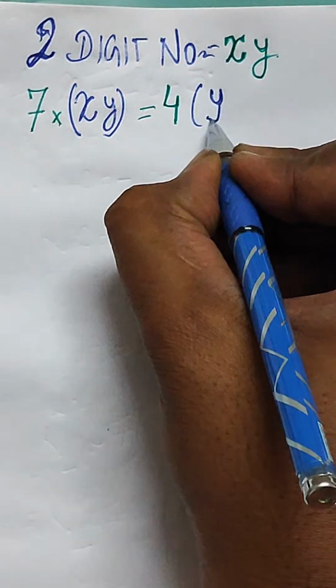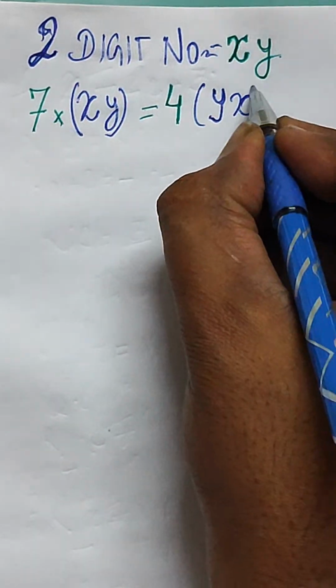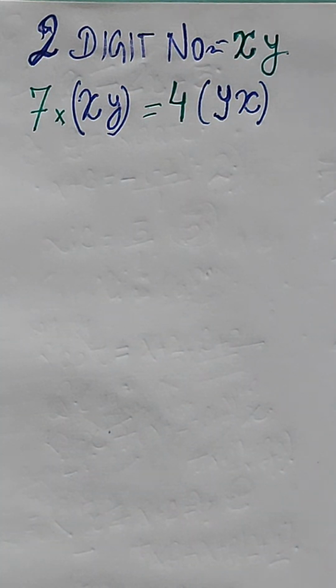So if the digits are reversed, then y will come first and x will come later, right?